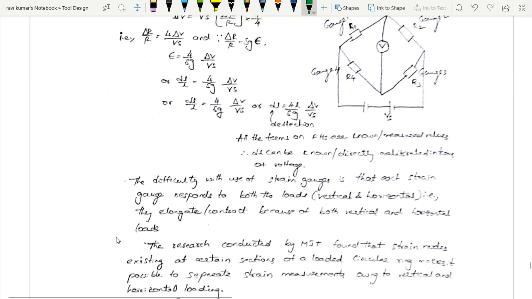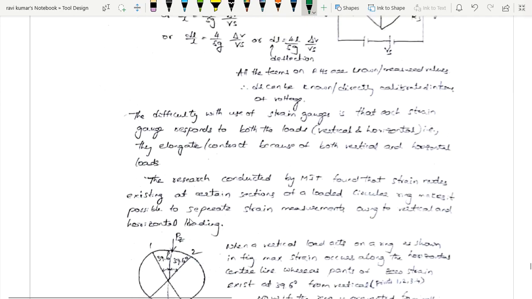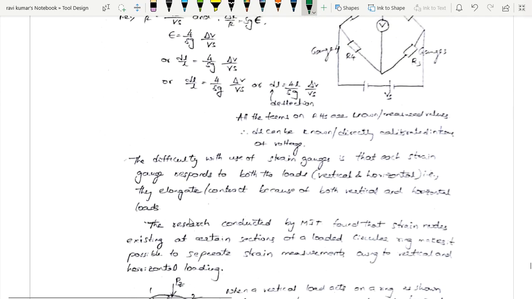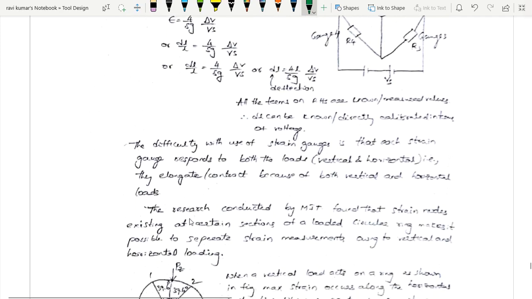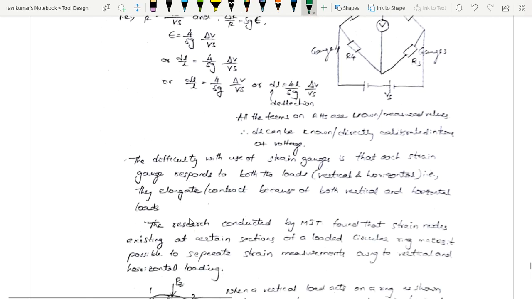See, generally we have full bridge circuits instead of half bridge or quarter bridge circuit. Now the problem with such type of gauges is with the strain gauges which I place on the transducer setup, or the loading member.